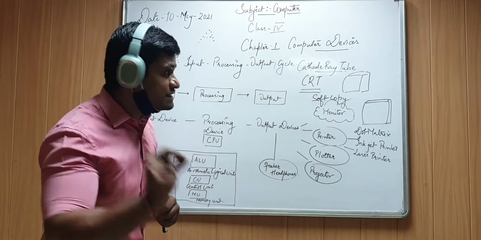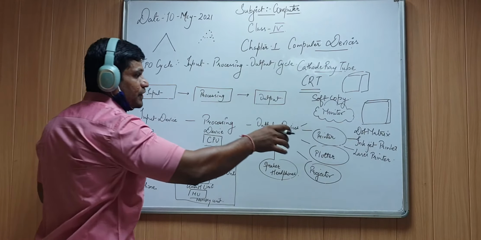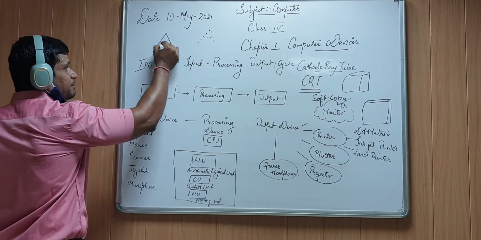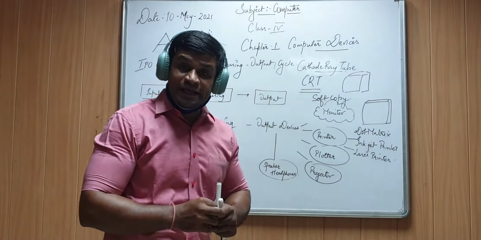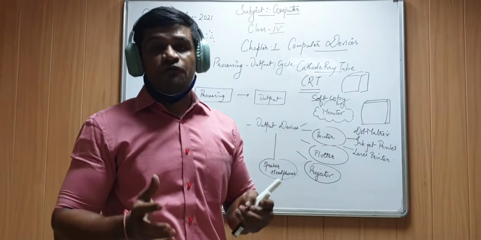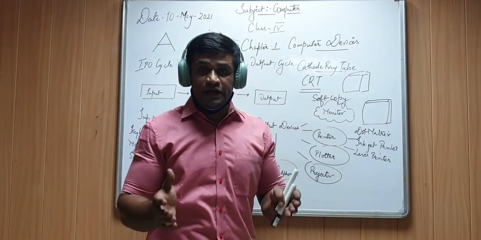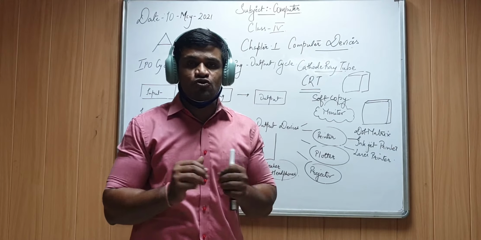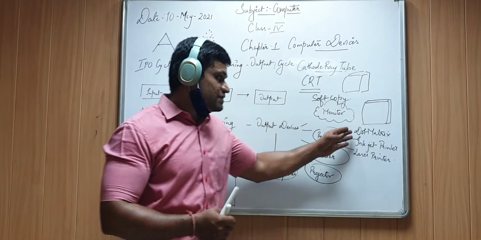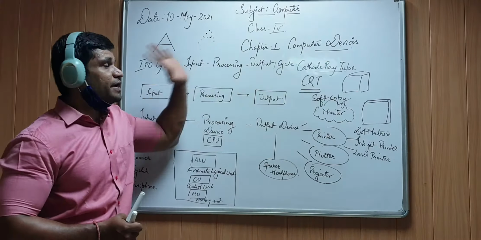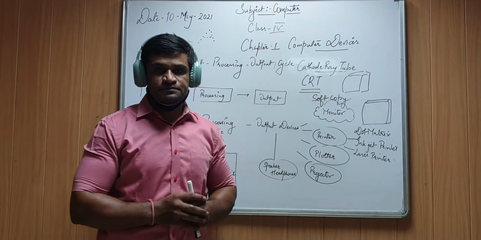Similar small jets are installed in the printer which sprays and types the content in the form of straight line. Now inkjet printer can be used for printing the colorful images. Pictures को भी आप print कर सकते हैं with different colors. Okay, but by dot matrix आप नहीं कर सकते हैं. It can only print in the form of dots.